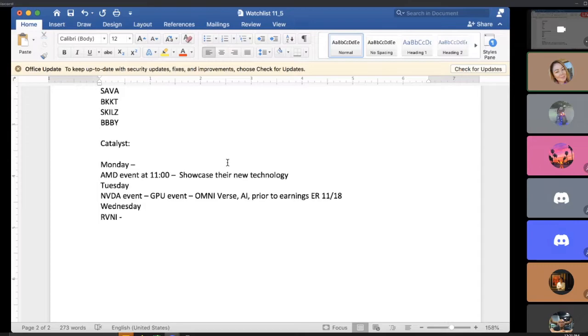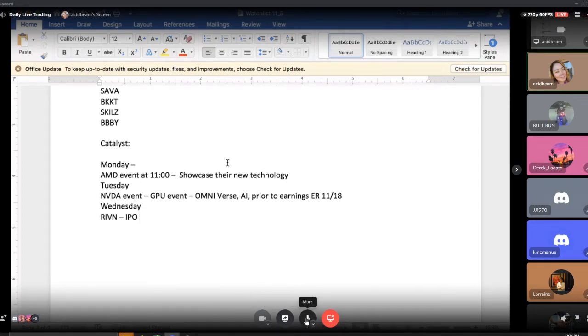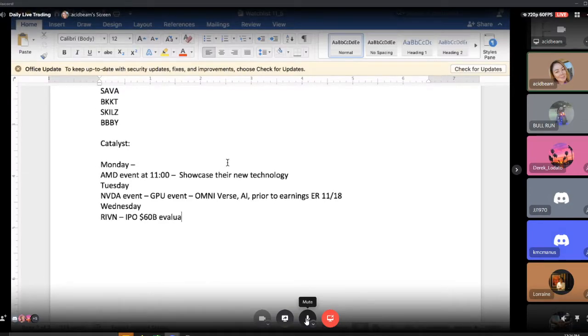What's the Rivian ticker? RIVN. This is really big. RIVN is going to affect Amazon because Amazon has a 20% stake, right? Yes. And then what was the price? 60 billion valuation, and then the floor price for this.